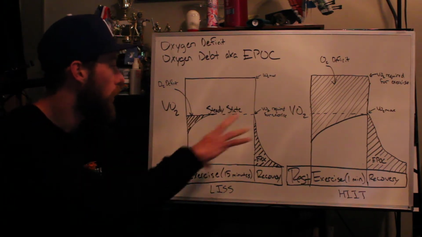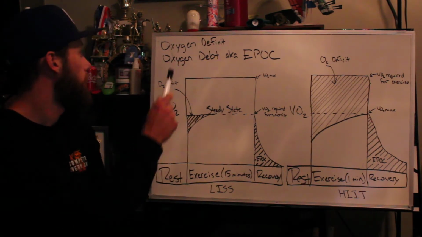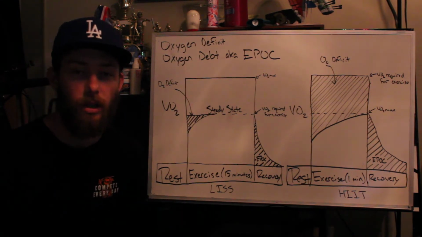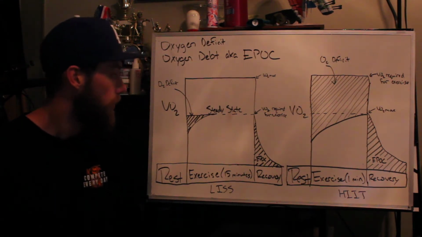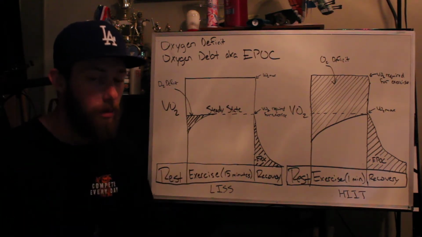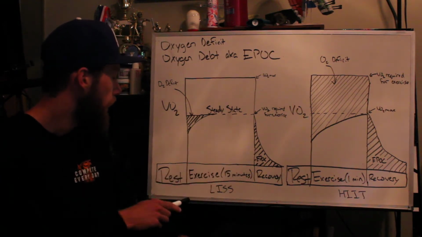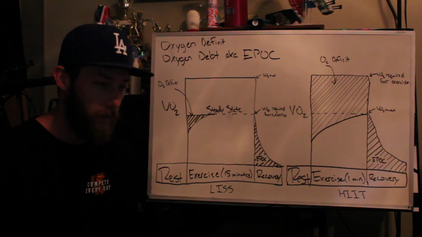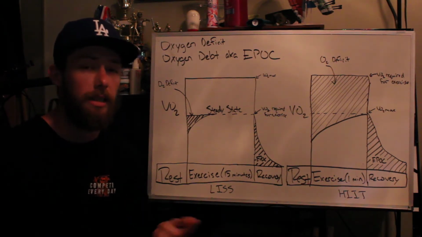So I have a couple of charts here, and a couple of vocabulary terms, if you will. First I'll go over these two graphs, and these are a little overwhelming, a little mind flood. Don't worry, we'll break it down into pieces. First we'll start with the one on the left, and this is our LIST chart, and LIST stands for low intensity steady state cardio.